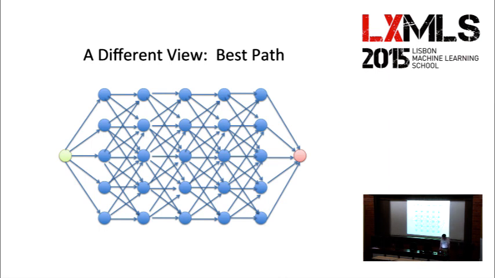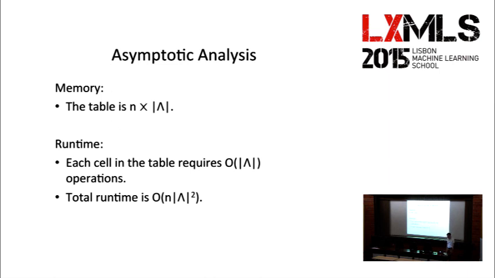Okay, so briefly, I want to point to the asymptotics of the Viterbi algorithm. The table, if you think of the data structure we are building when we run the Viterbi algorithm, it's length of the sequence n times the number of states. So it's linear in both the number of states and the number of words in your sequence. That's nice.